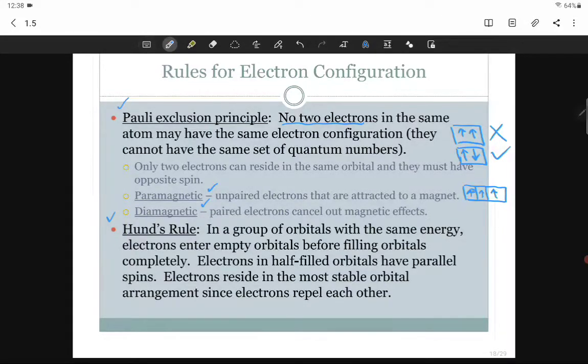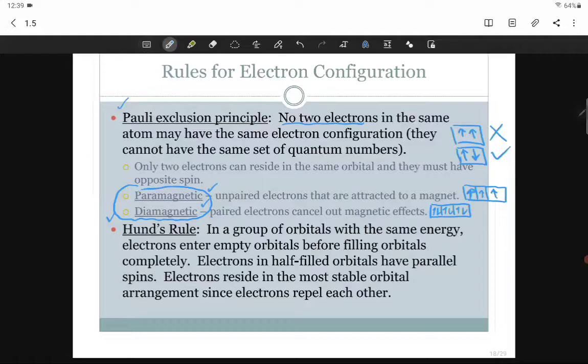So that would be able to be attracted by a magnet, as opposed to maybe another time you have that. You wouldn't be able to attract a magnet with that. Okay, so this will probably be one multiple choice question on the test. So it's not a big deal, but it's still going to be probably on the test.